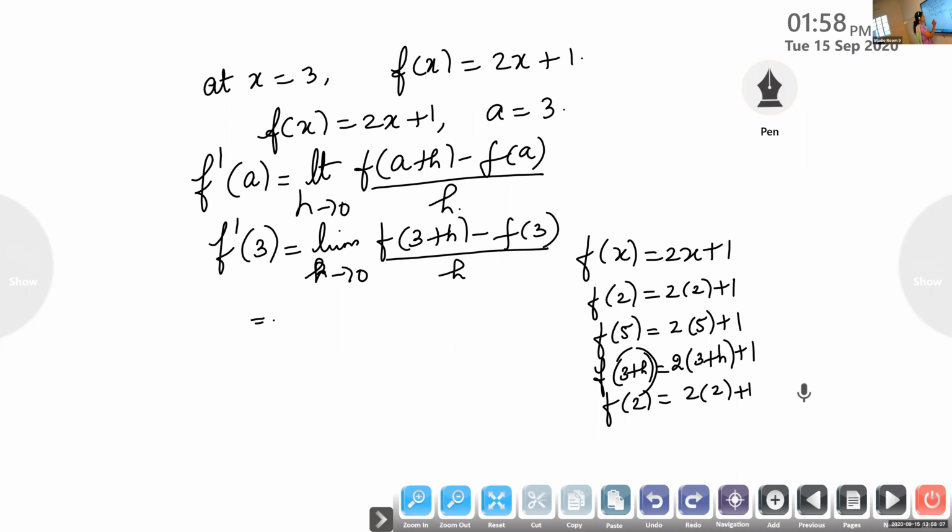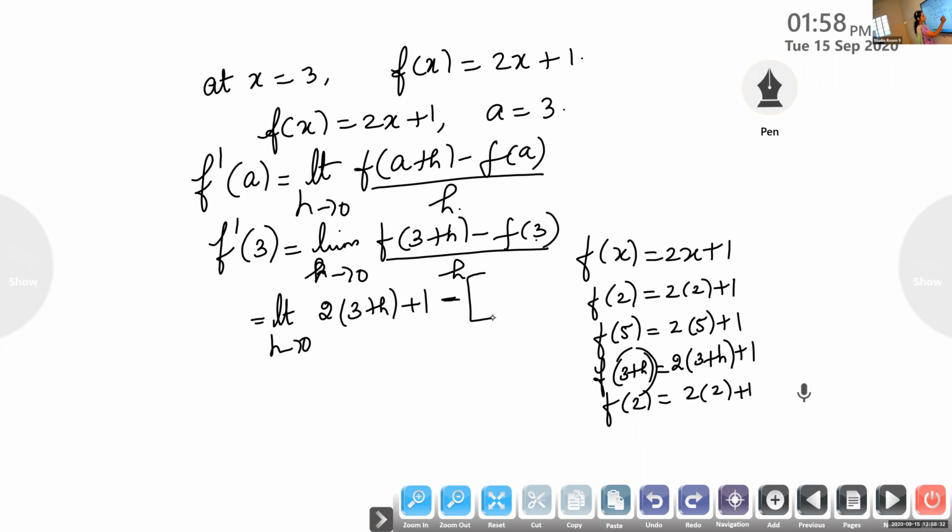So this is the same as limit h tending to 0, f of 3 plus h. In the function, in the place of x we have to put 3 plus h. So 2 into 3 plus h plus 1 minus f of 3. What will be f of 3? In the place of x you put 3.